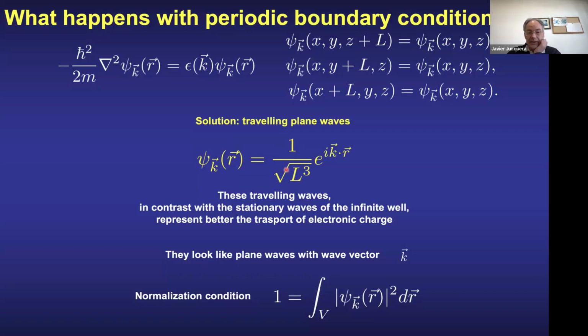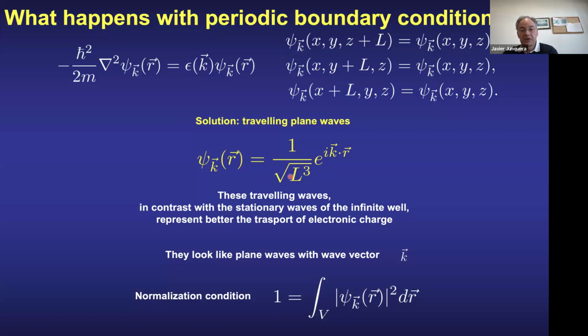In contrast with the stationary waves that we were studying before, where the wave function vanishes at the edges of the well, these traveling plane waves represent better the transport of electronic charge.